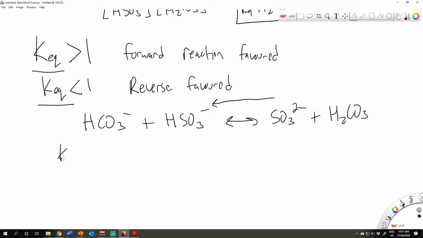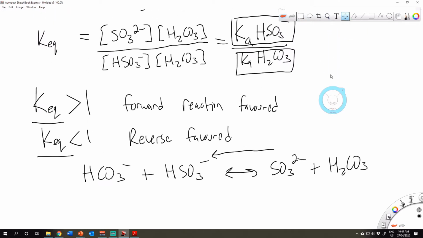All we really need to know is, if I take the Ka of HSO3-, because in order for KEQ to be greater than 1, the Ka of HSO3- must be greater than the Ka of H2CO3. That's the only way this mathematical equation will give me a KEQ greater than 1.